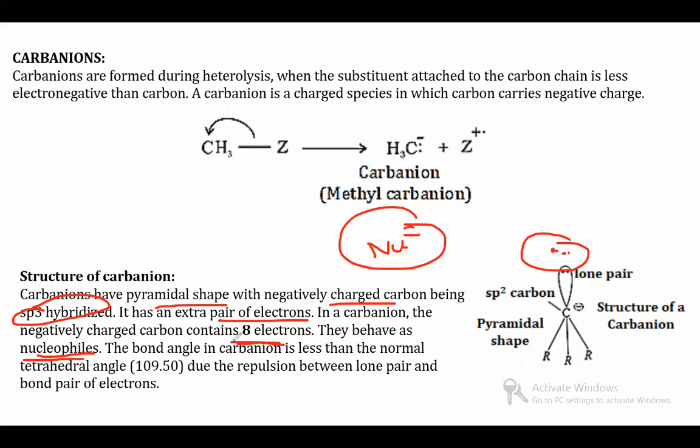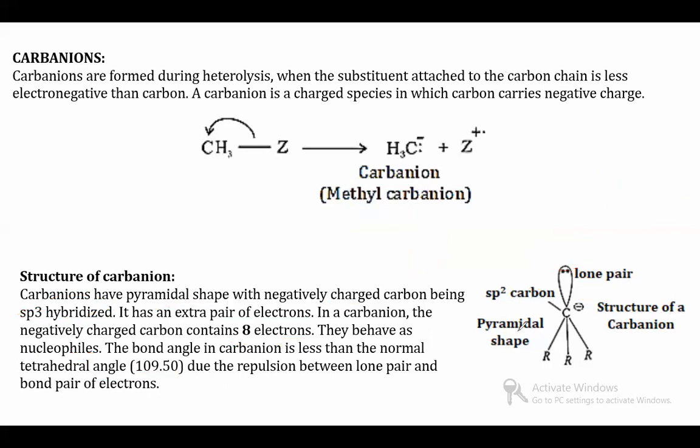The bond angle is less than the normal tetrahedral angle of 109.5 degrees due to repulsion between the lone pair and the bond pairs. Due to that, we get a distorted tetrahedral structure, even though we have sp3 hybridization.